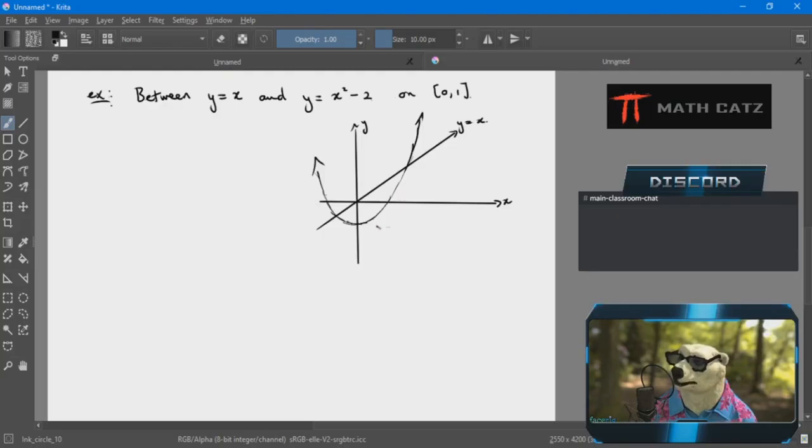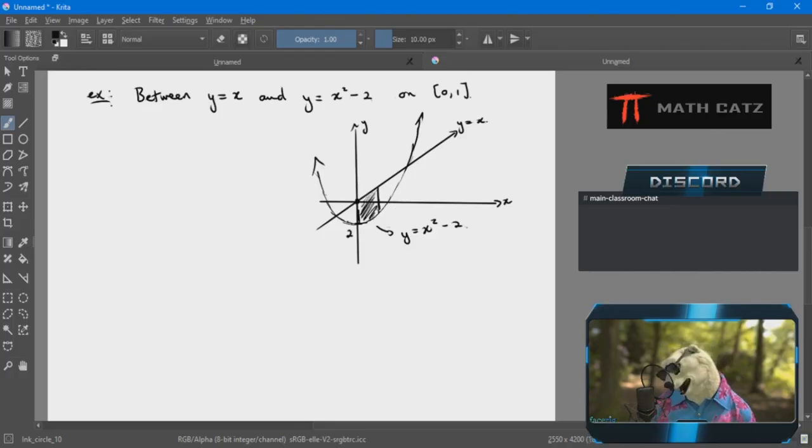So this is y equals x squared minus 2, and 2 is over there. And I'm looking from 0 to 1. 1's going to sit over here. So this is my area that I'm interested in.